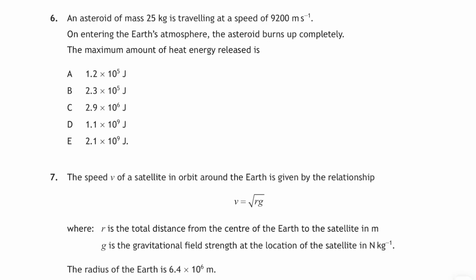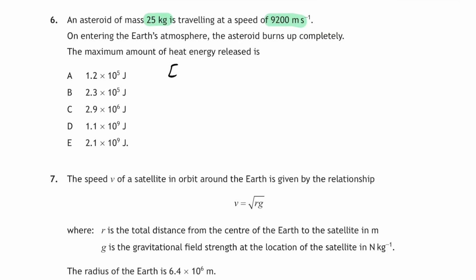Moving on, question 6. An asteroid of mass 25 kilograms is travelling at a speed of 9,200 meters per second, and on entering the Earth's atmosphere, the asteroid burns up completely, and we have to work out the maximum amount of heat energy released. Well, it's originally got kinetic energy, so we can work that out from Ek is a half mv squared.